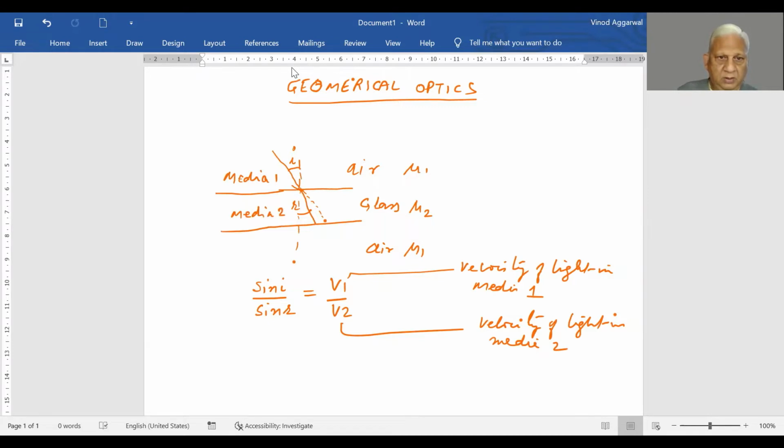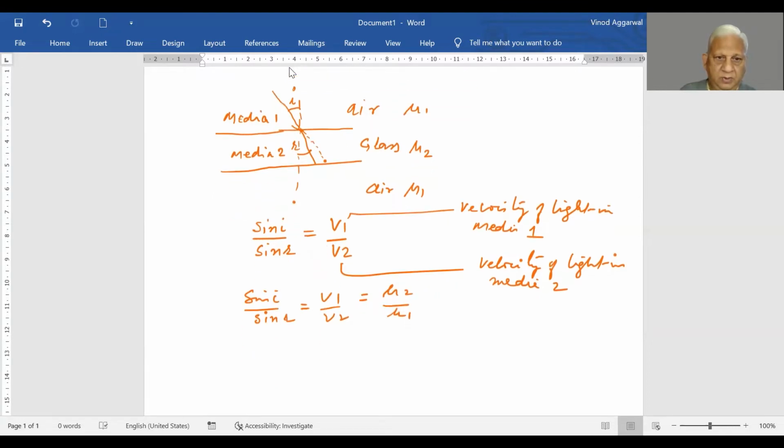Okay. Now sine I over sine R, which was v1 over v2, can also be written as μ2 by μ1. So if you cross multiply, you will see sine I into μ1 is equal to sine R into μ2.